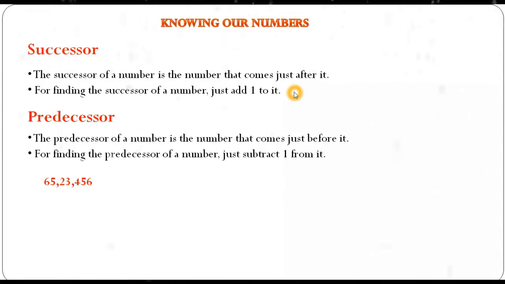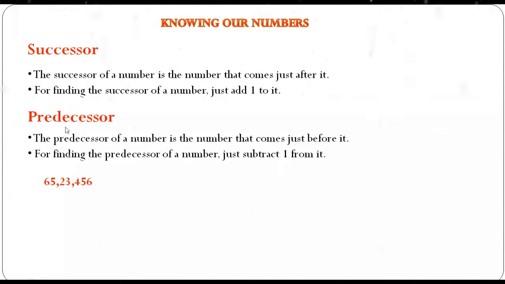It means whenever we have a number and we have to find its successor, we have to find out what comes after that number. Suppose you have 95 and you have to find its successor, that means what comes after 95, and that is 96. So 96 is the successor of 95.